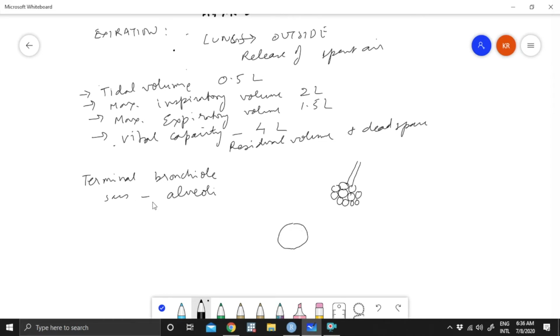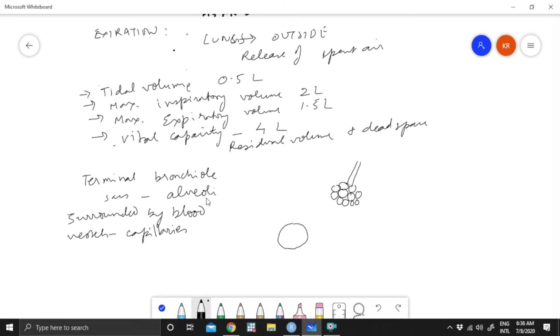And these alveoli are surrounded by blood vessels. In this case, it will be by a network of capillaries.